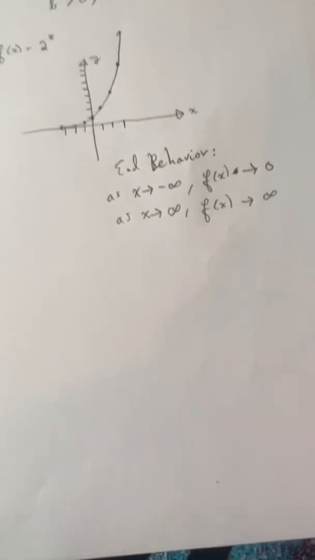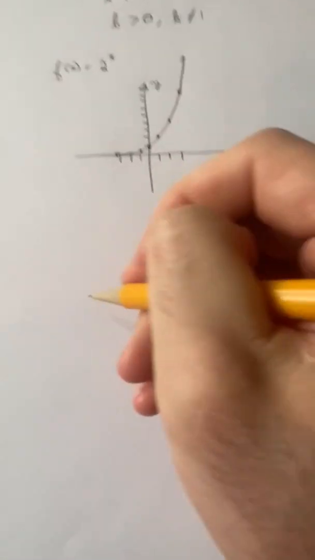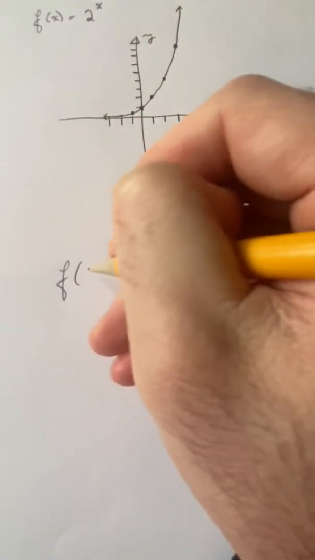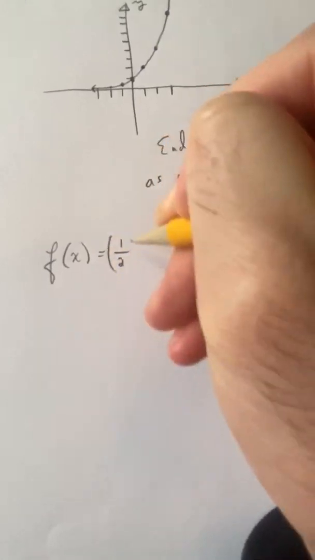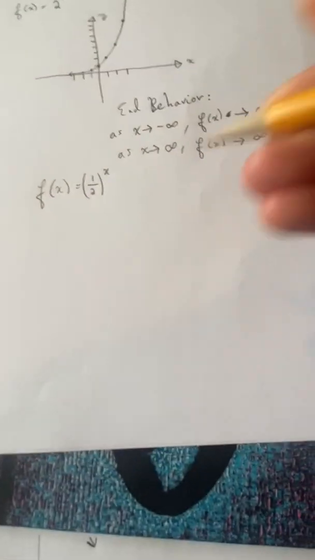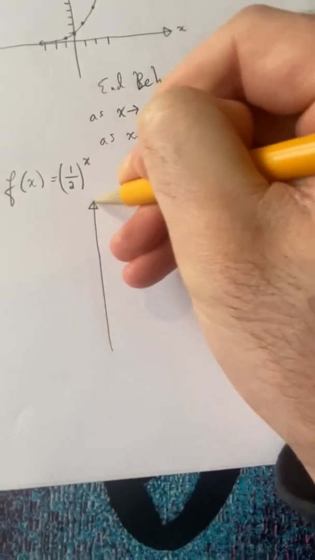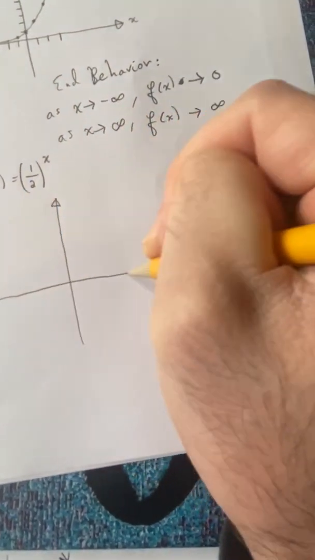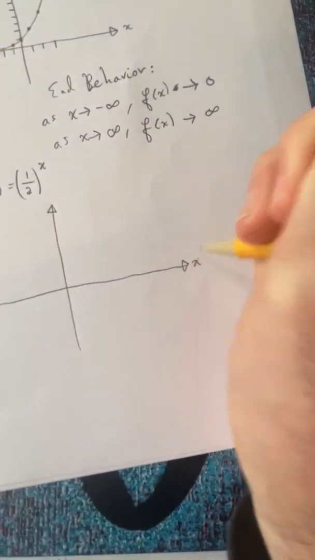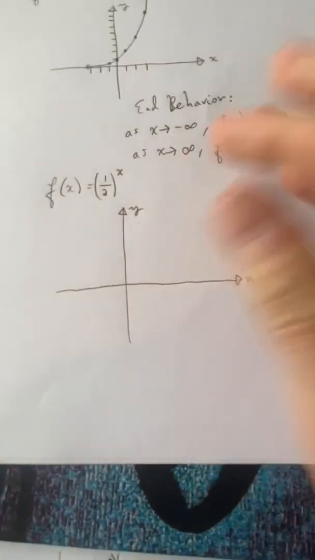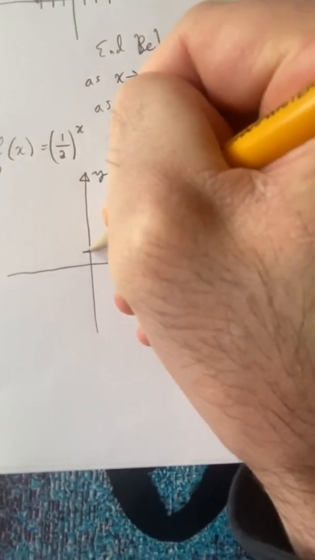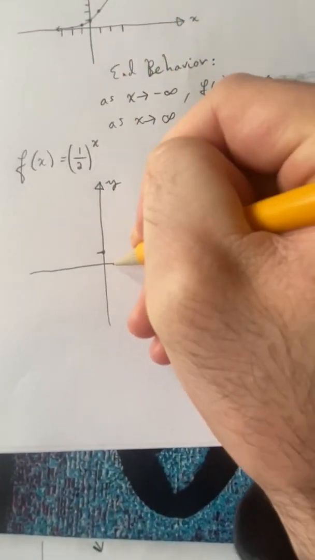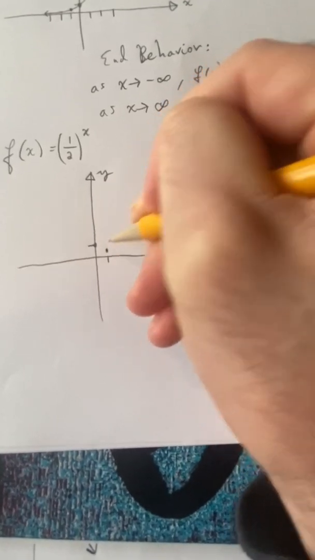Okay? What happens if we change things around and we have (1/2) to the x power? What does this graph look like? Well, kind of the opposite, right? If we had 0, we'd still be at 1. But then at 1, we'd be down at 1/2.